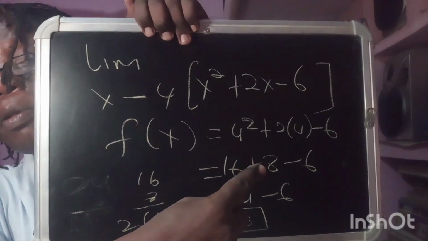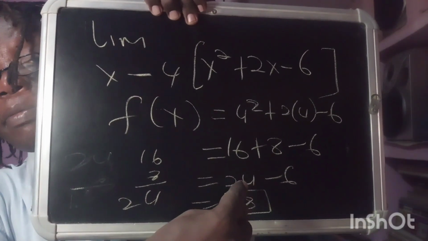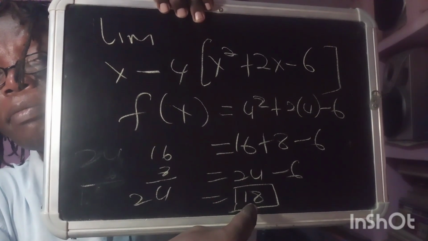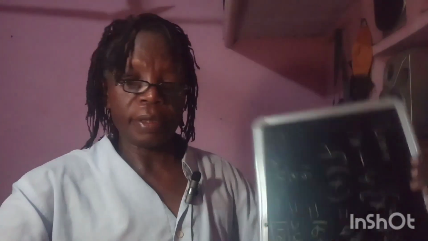When you calculate this, it's going to give you 18. So as a solution, you can put in any value you want in this expression. You can put in, for example, 5.